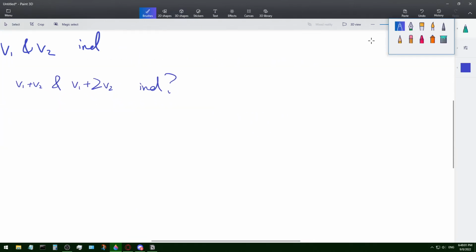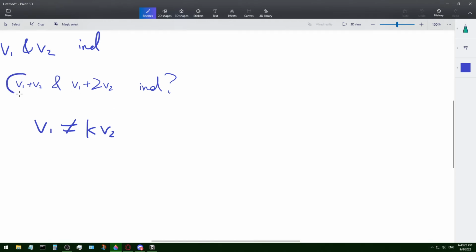Alright, so to answer this question, let's rely on our initial condition, which is that v1 does not equal k times v2. Now, knowing this initial condition, if we could somehow use these two vectors and put them into this equation format, then it would check out.